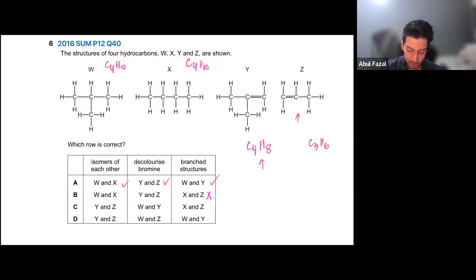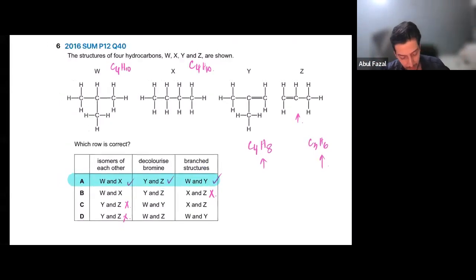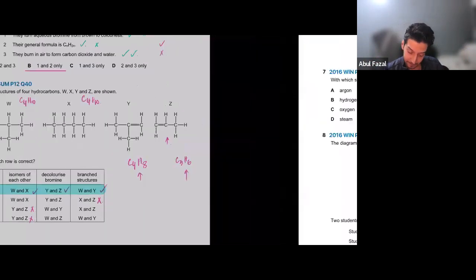So their molecular formulas are different. Doesn't matter about structure, they're technically different molecules. This is out, and this is out. So A is our answer. Glad we found it early on. Otherwise, this question would have taken double the amount of time. Pretty cool.